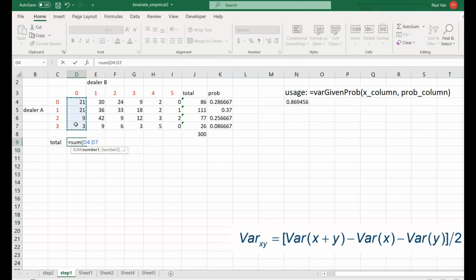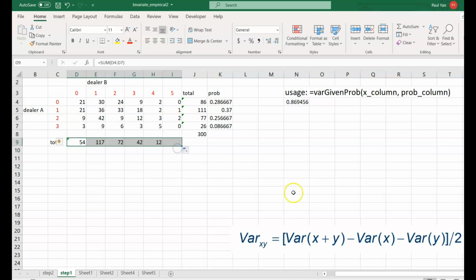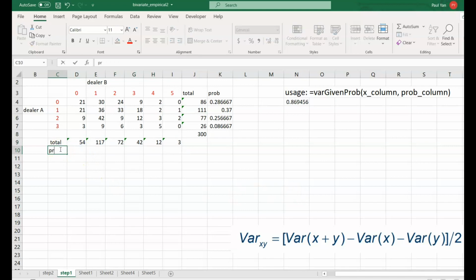So 0 cars, and within 300 days, there are 54 days. Okay, they didn't sell any cars. And similarly, we calculate probability. So this is the corresponding probability. 54 divided by 300. 300 is total. We hit F4 to lock the values. Then we copy and paste.